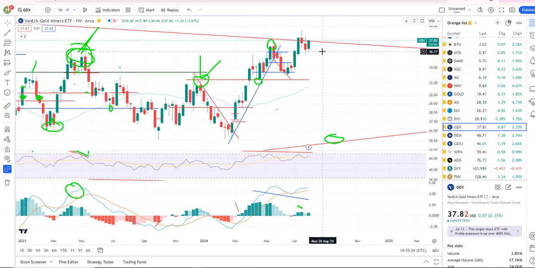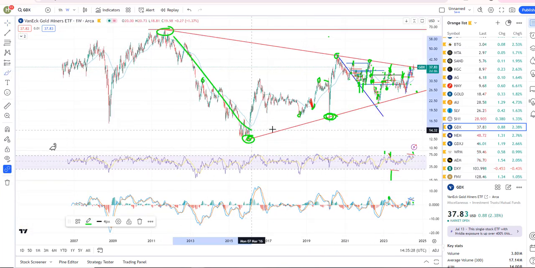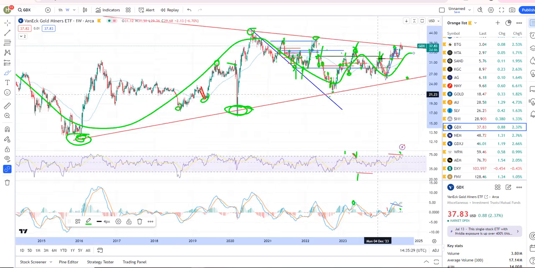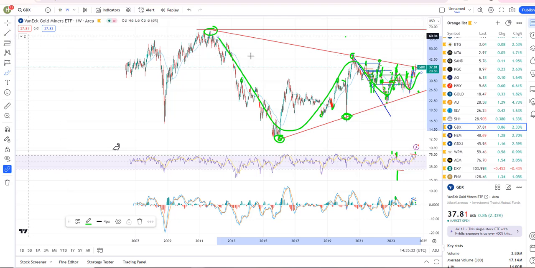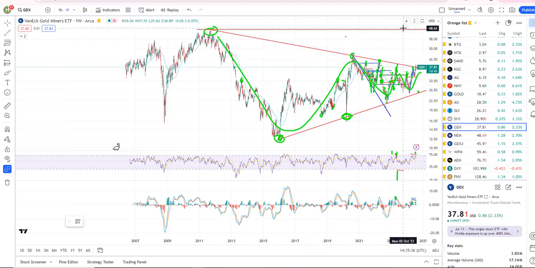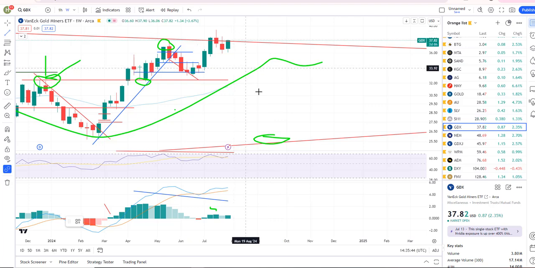Then that would be a weekly buy signal, a longer term buy signal out of this big wedge. We've been in a big symmetrical triangle. So a breakout would likely see a push up to this 67 area, the highs on GDX on that weekly chart. But until the week's over, which we won't know until Friday, as of right now, it's at resistance.